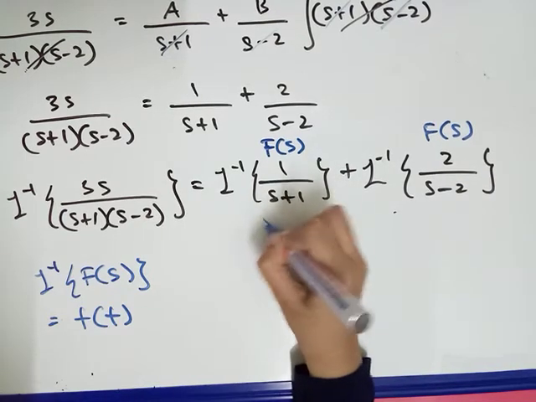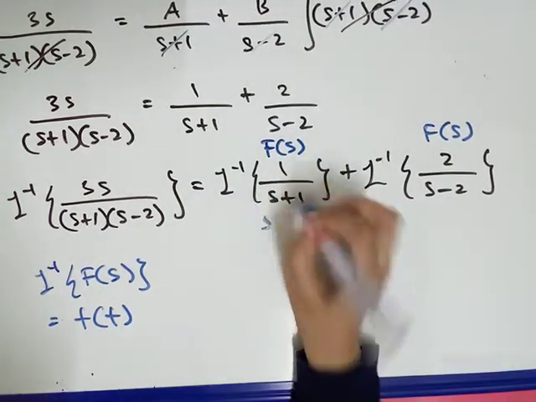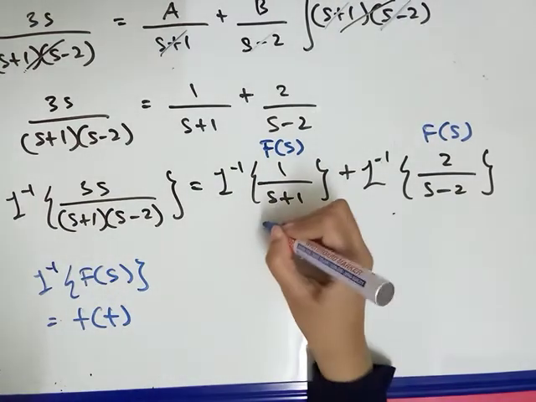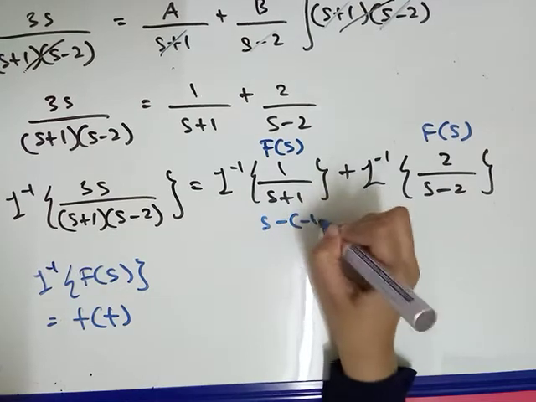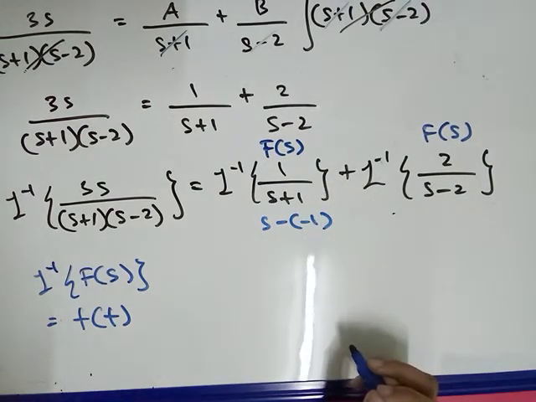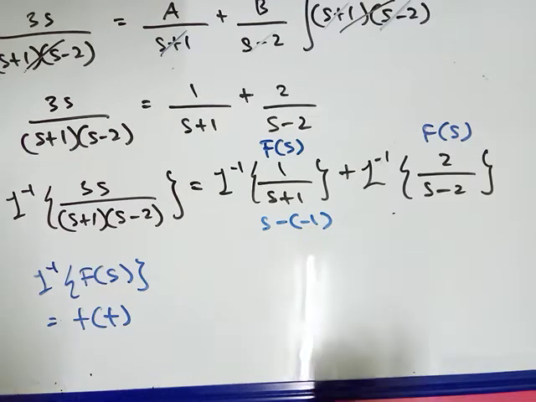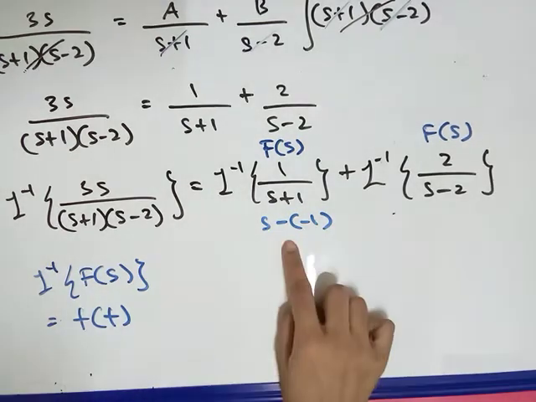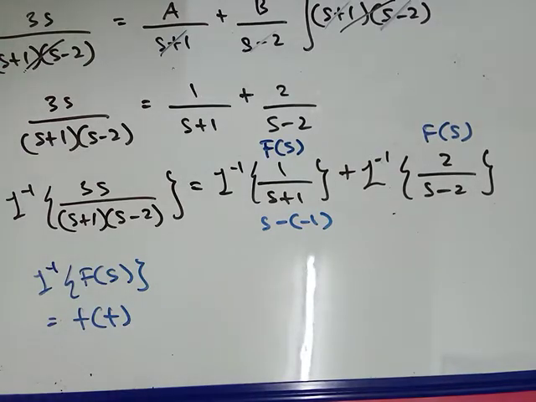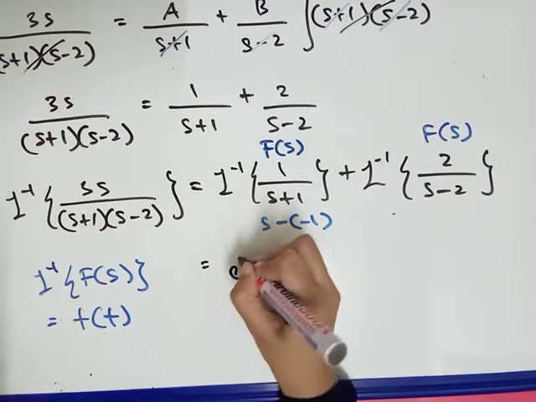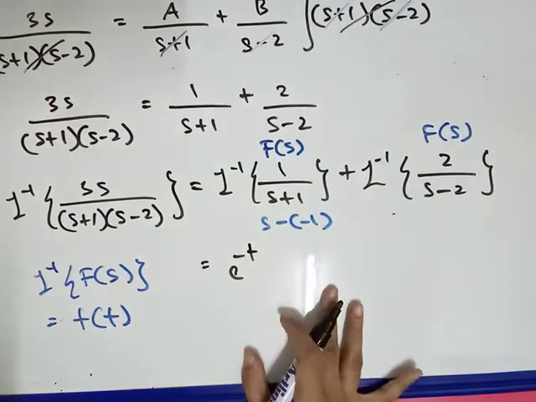It means it is s minus negative 1 actually, so we know that a is negative 1. So when a is negative 1, it equals exponent negative t.